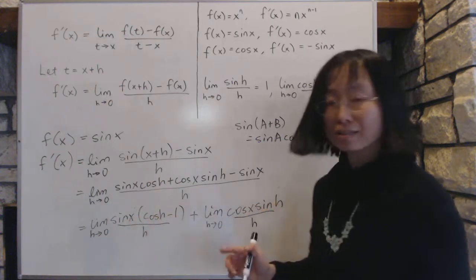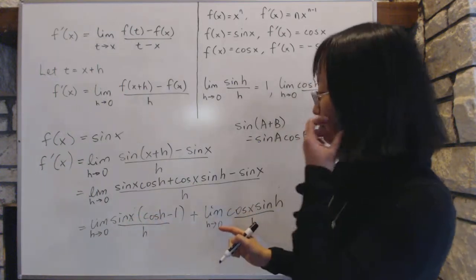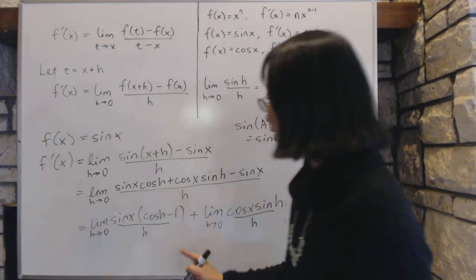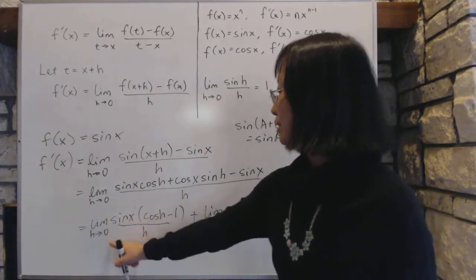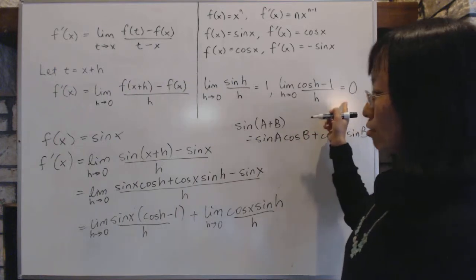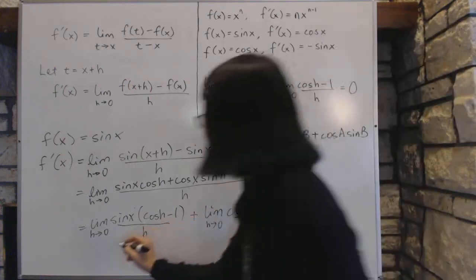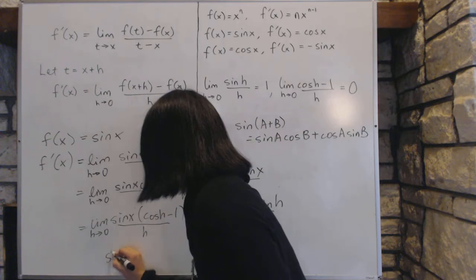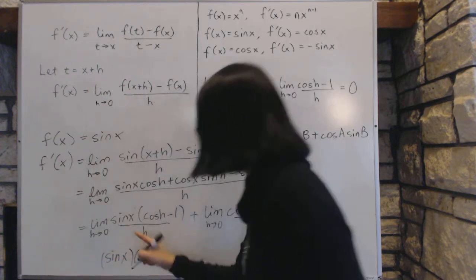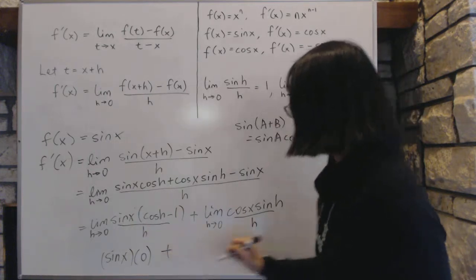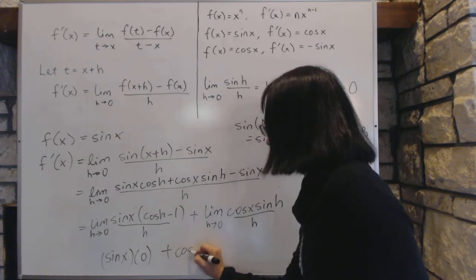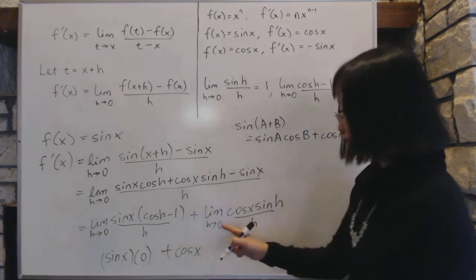x is a constant for this limiting process, which means that you can take the constant out of the limit. So then it becomes sine x times the limit as h goes to 0 of cosine h minus 1, which is 0, from this formula right here. So we will have sine x times 0, which is what that will become, plus on this side, again, we'll take cosine x out because it is a constant where this limiting is concerned.